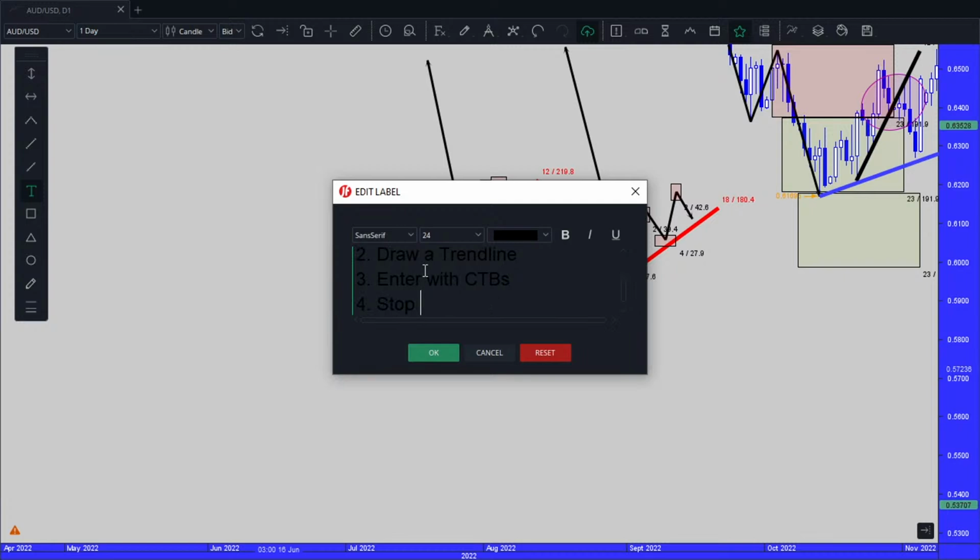Number four, stop loss above or below the trend line. Number five, risk reward 1 to 2.